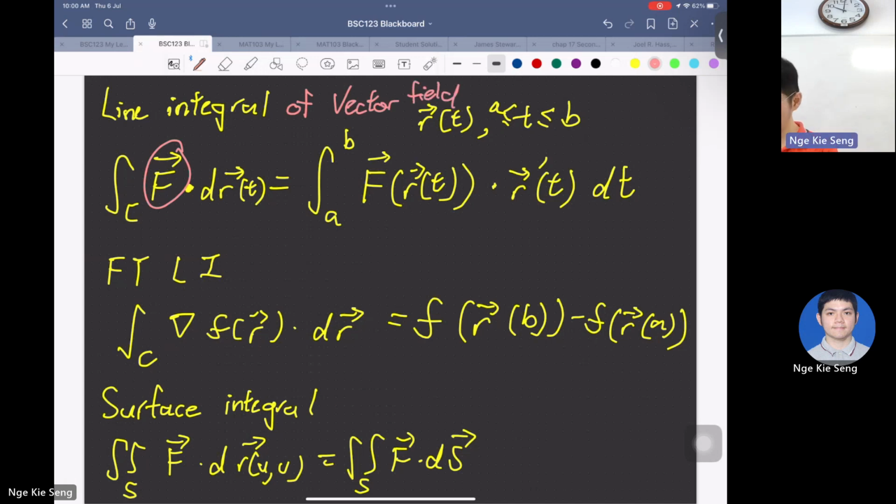Similarly, we have the surface integral of a vector field. These are very important objects. So what is this?